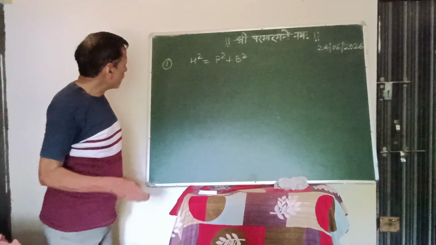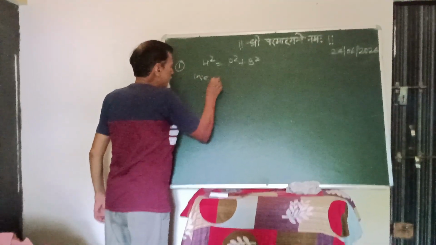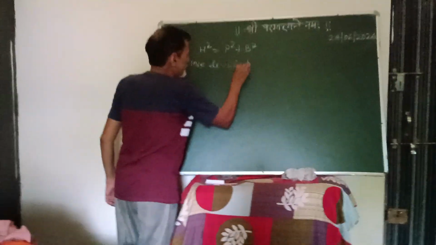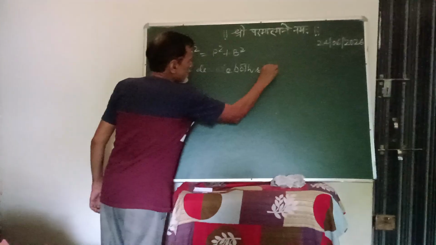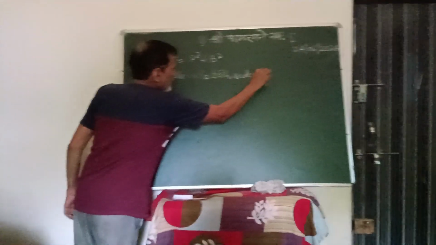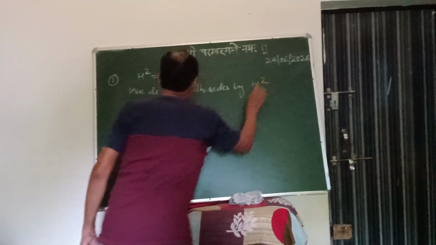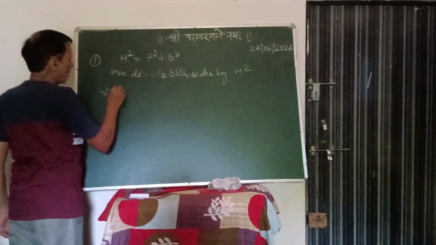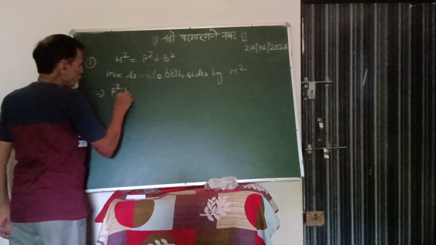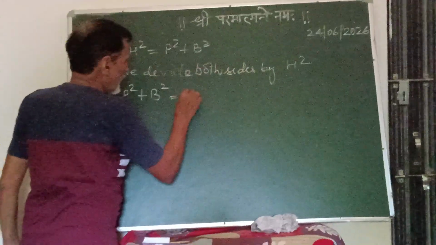Especially, number one, we divide both sides by h square. Then what happens? p square plus b square is equal to h square.